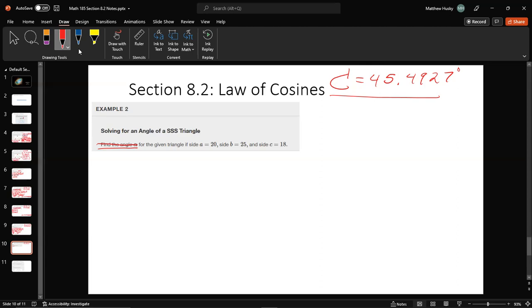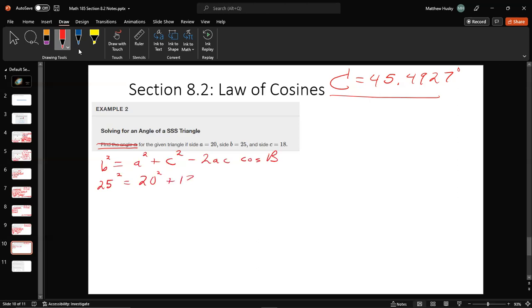All right, so where were we? Let's do B. Why not? B squared equals what? A squared plus C squared minus 2AC times the cosine of B. All right, and again, we happen to know B, that's 25 squared. We know A, which is 20 squared.